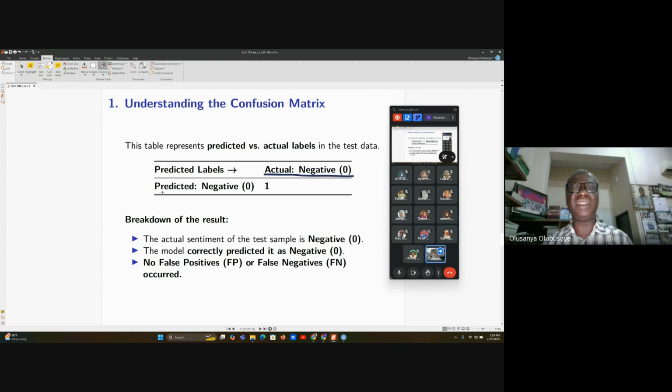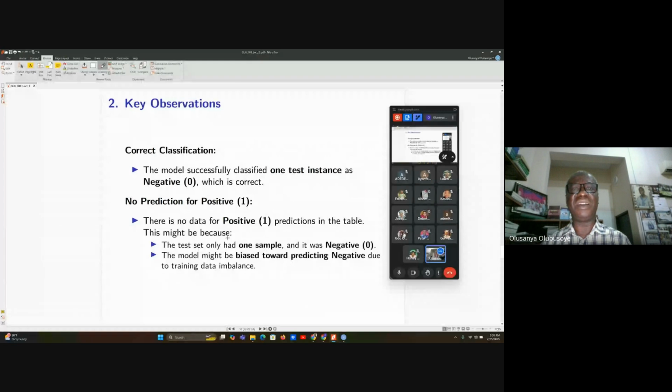The actual is negative, which means the comment is negative, whereas the predicted is also negative. So this is the correct prediction in this case. This table is what we call the confusion matrix.